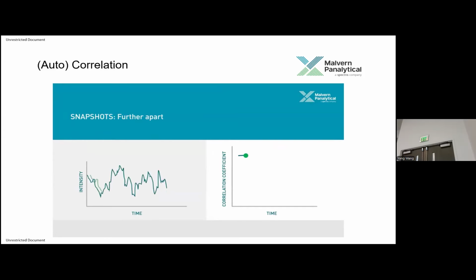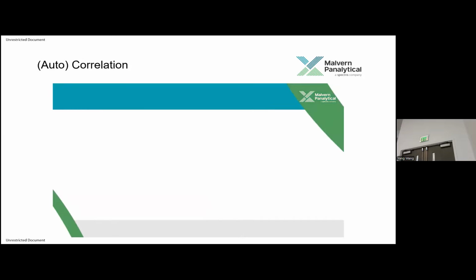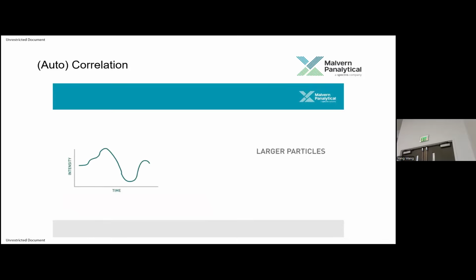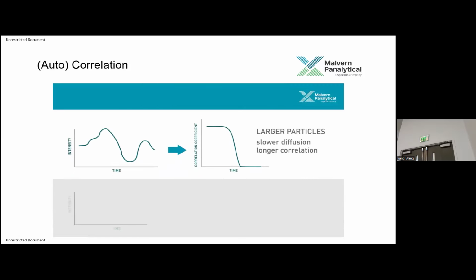The time points are on the order of nanoseconds to microseconds. You can see a decrease, or decorrelation, as time progresses, until the signal completely decorrelates and comes down to a baseline. So the correlation coefficient will ultimately go to zero in most cases.